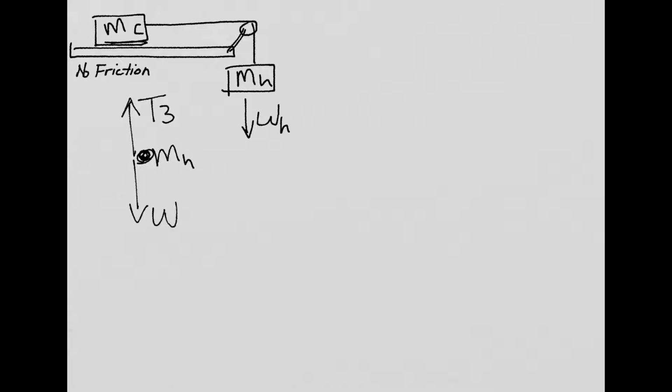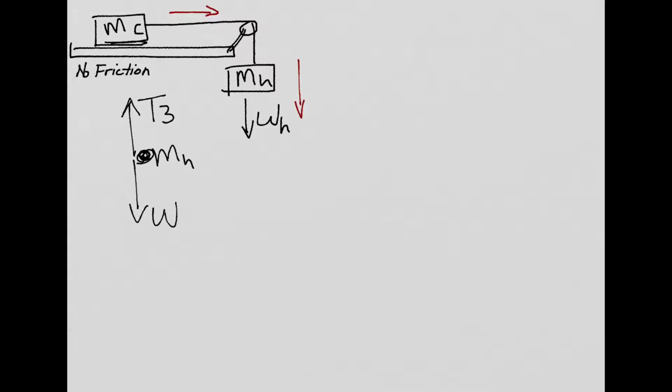Now, we're going to say direction-wise that to the right is positive, and if that's positive in that direction, then downward is positive as well. We're really thinking of the pulley here as just a way to turn the middle of the system, not as two different accelerations, because these are all tied together.